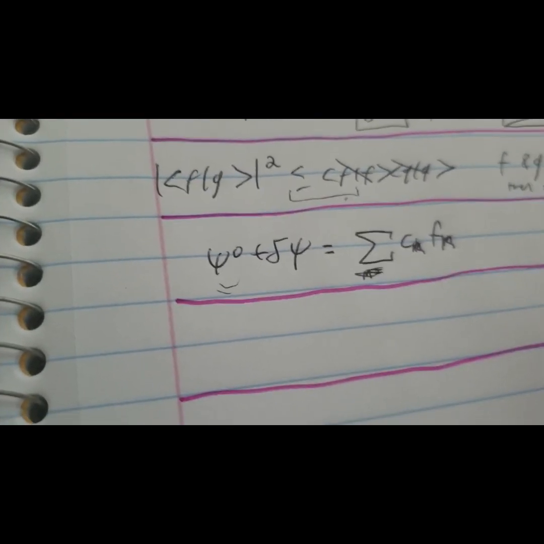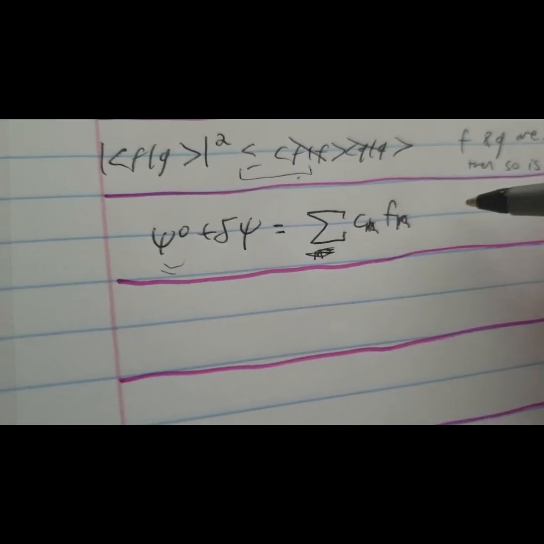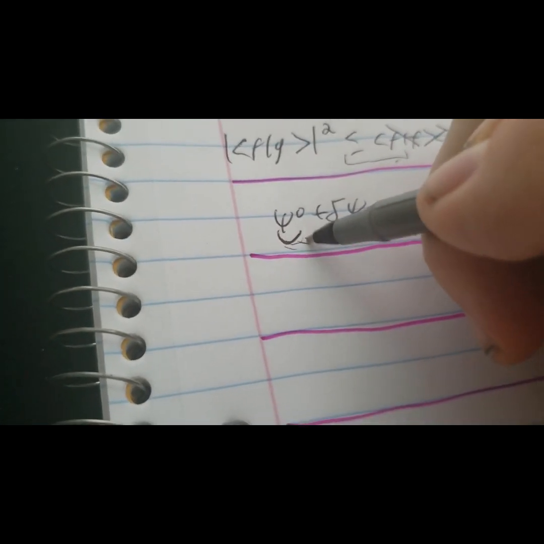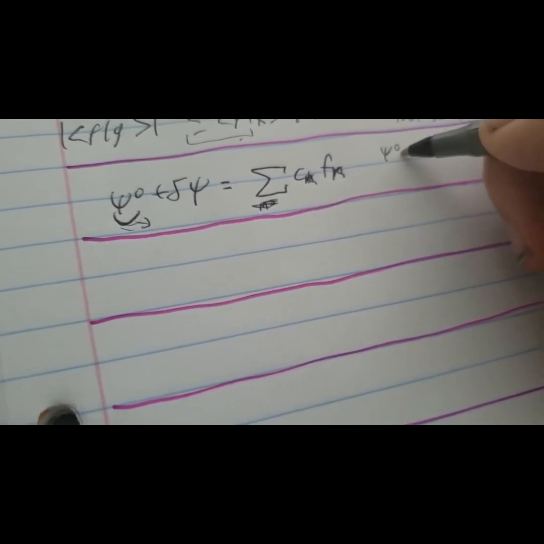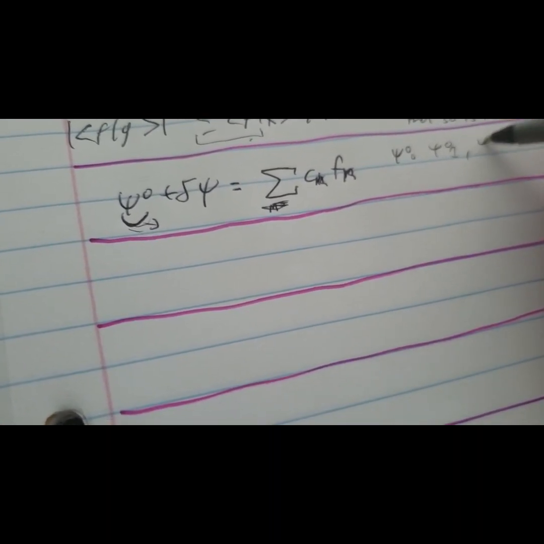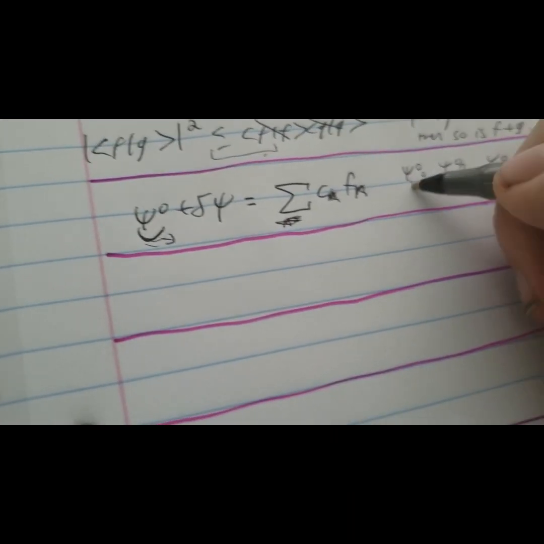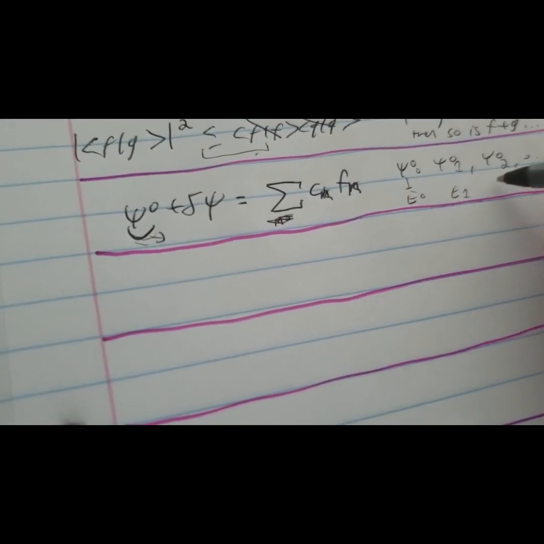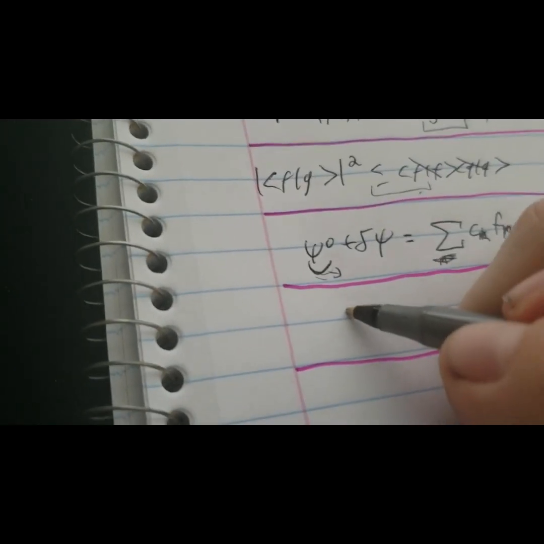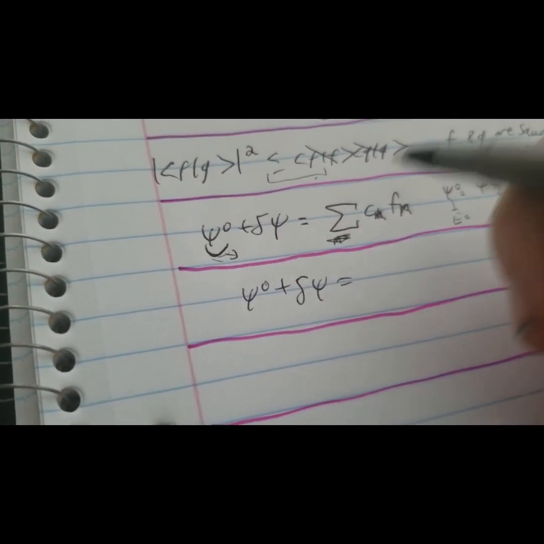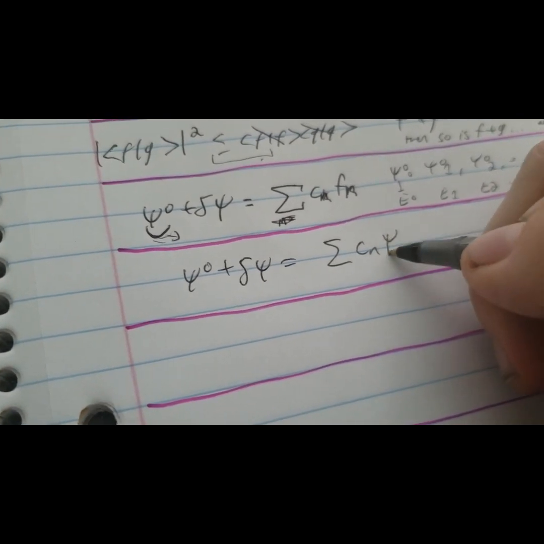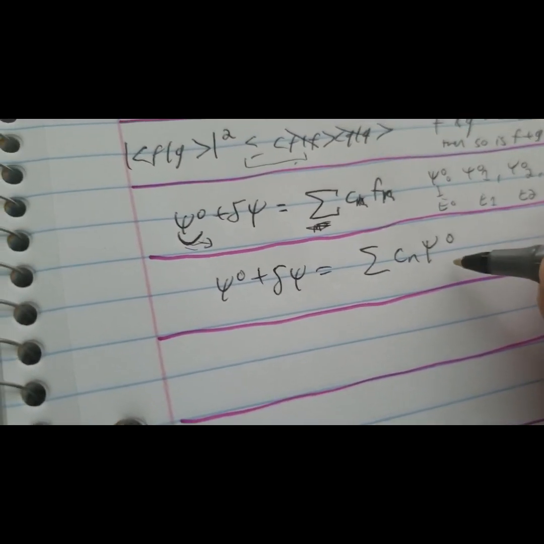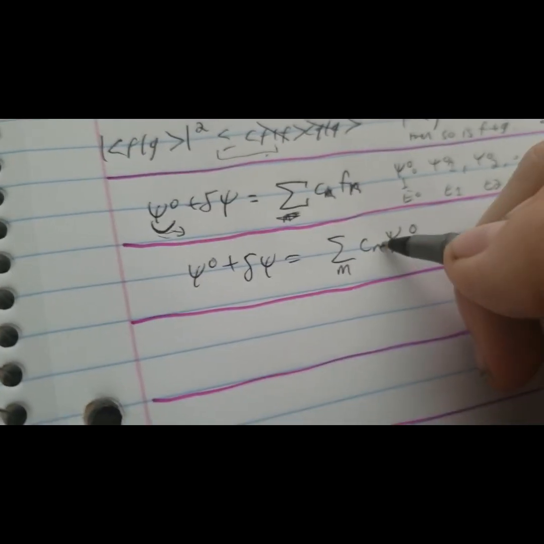Well, we know a good set of square integrable functions. It's our original unperturbed wave functions, corresponding to E sub 0, E1, E2, etc. So we can write our perturbed wave function total as a sum over m now.